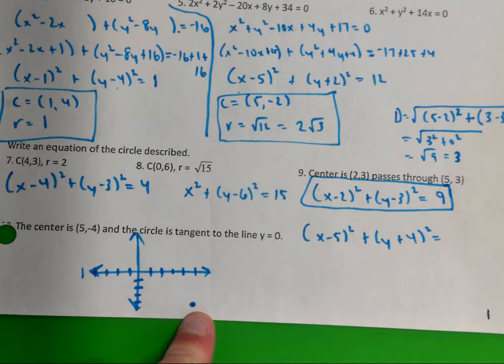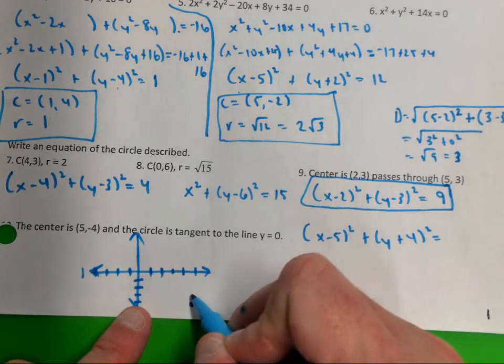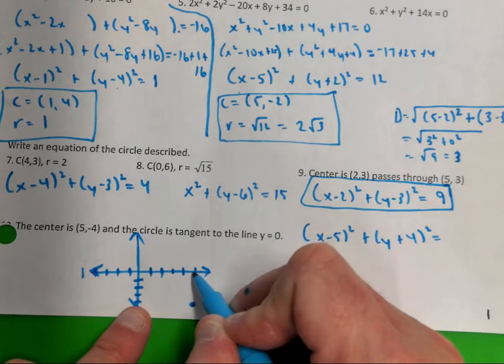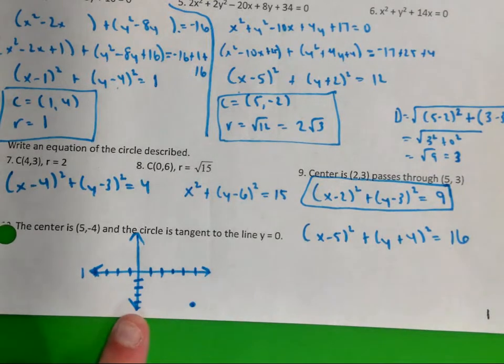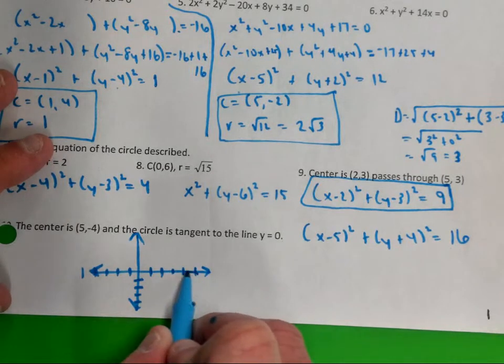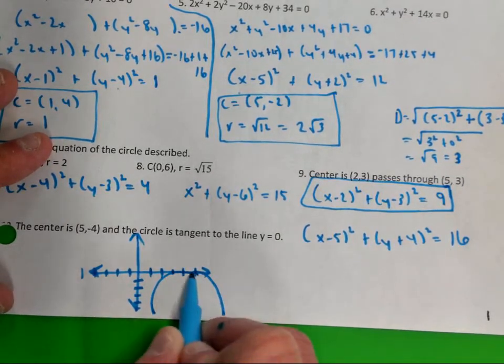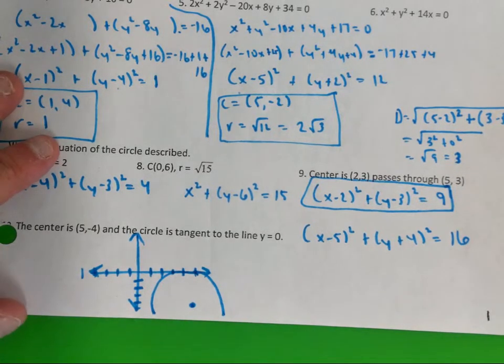Because my edge is at that tangent. Does that make sense? So watch this. I'm going to count up here: 1, 2, 3, 4. What's 4 squared? Do you see how you would do that? That means if I drew this circle, it's tangent right here, so it's 4 away from that. Does that make sense? Are we good on that?